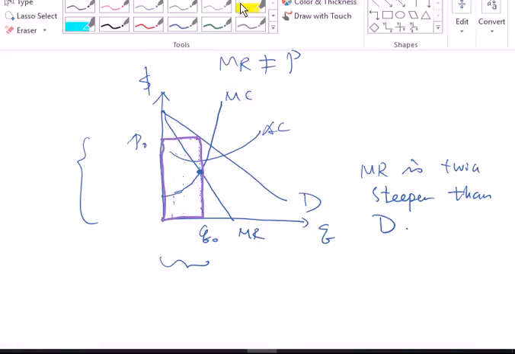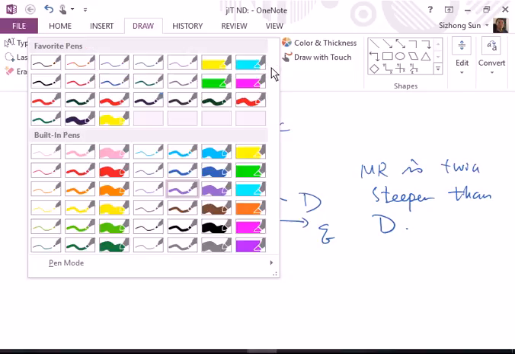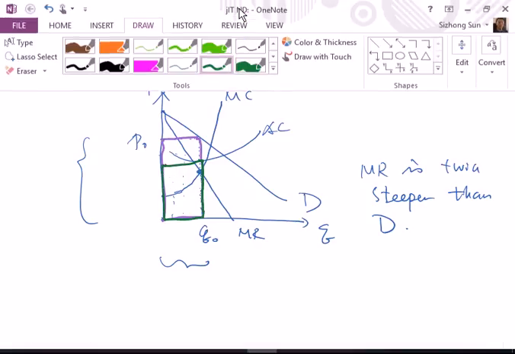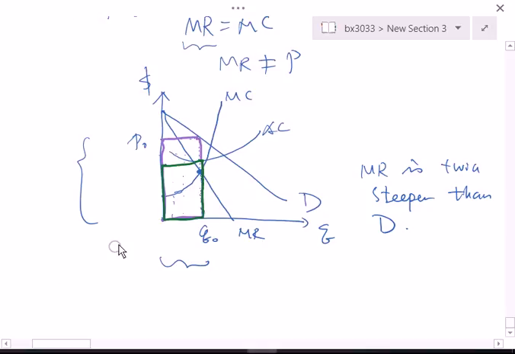Total cost is go from quantity up to the average cost curve to get the average cost. So that's total cost. So this firm is making profit here. Okay, so that's how a monopoly firm will decide how much it wants to produce and at what price the firm wants to charge.